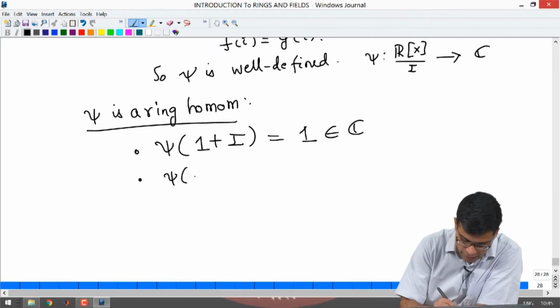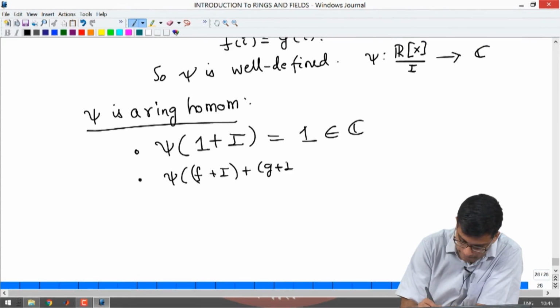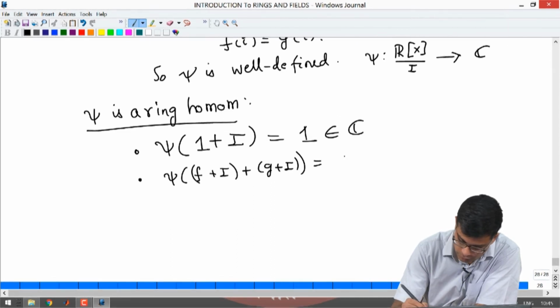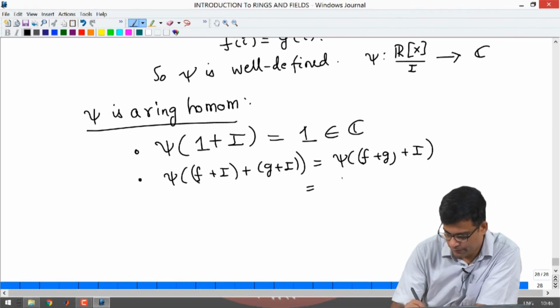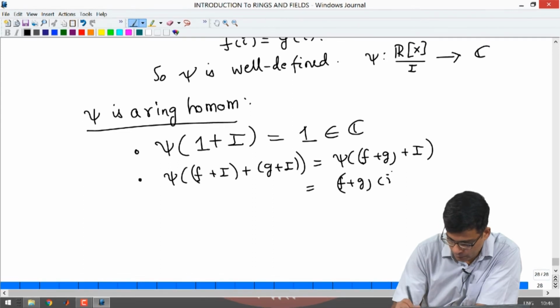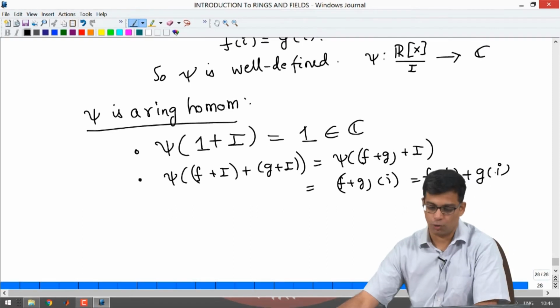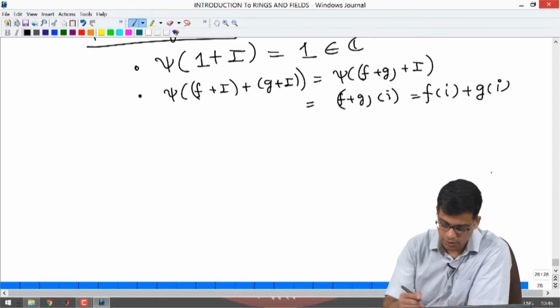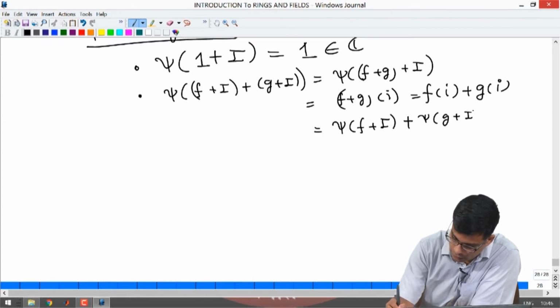What is psi of (f + I) plus (g + I)? This is psi of (f + g) + I by definition of addition in R[x]/I. This is (f + g)(i), which is f(i) plus g(i), again usual polynomial properties, and this is psi of (f + I) plus psi of (g + I).